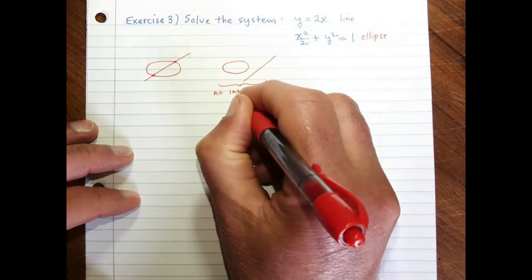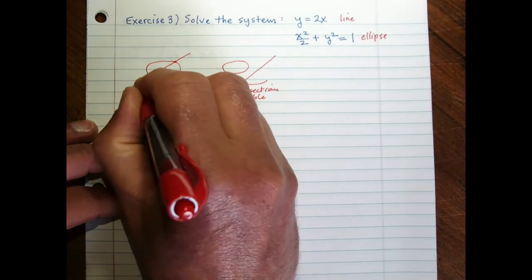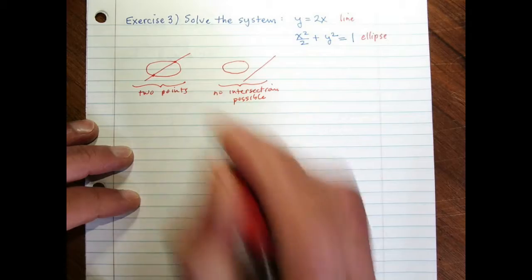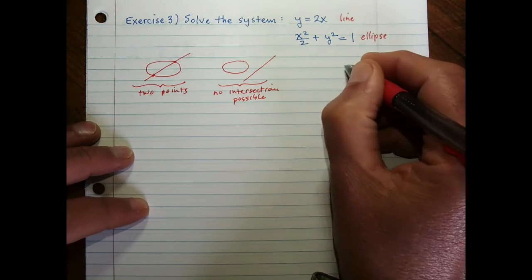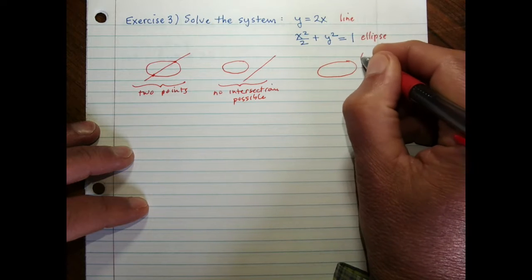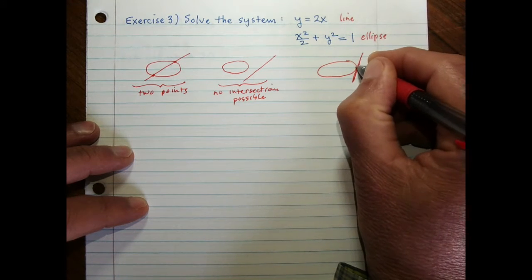That is possible. This was our 2 points situation. And it's also possible, you should be able to imagine, that a line and an ellipse could intersect at just 1 point.